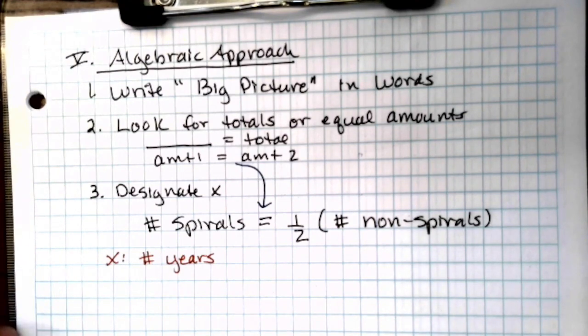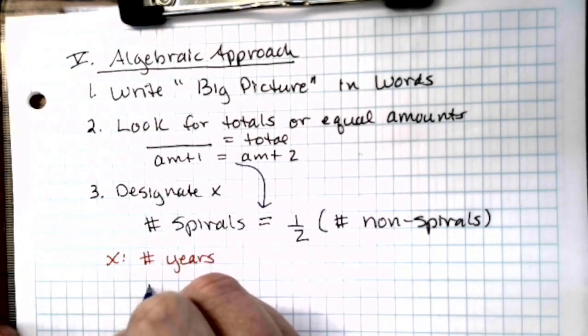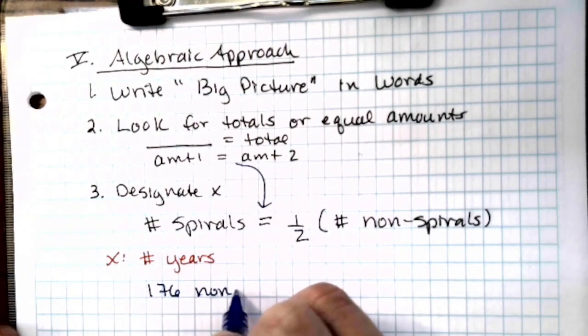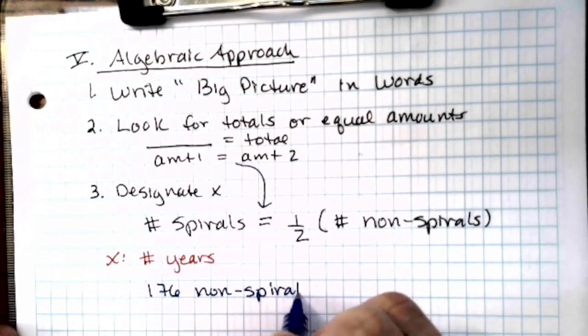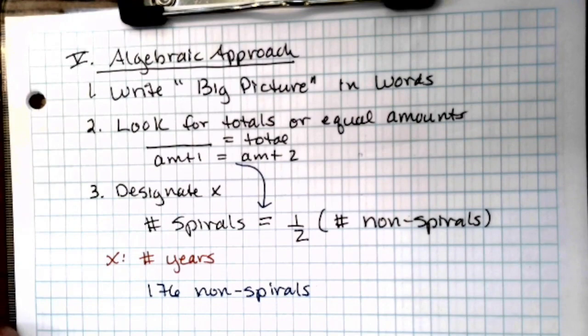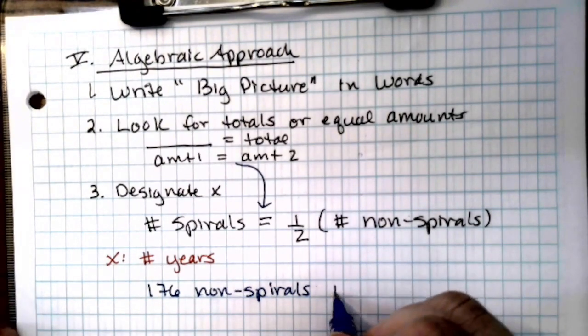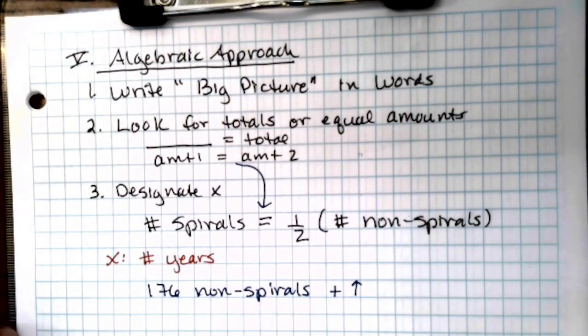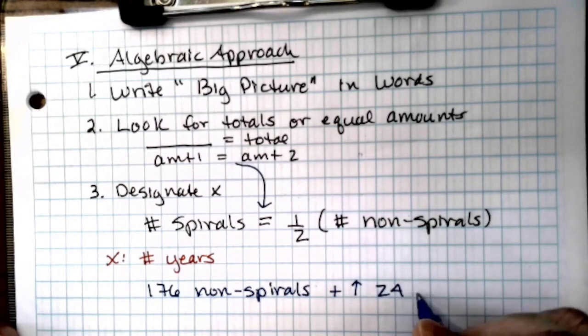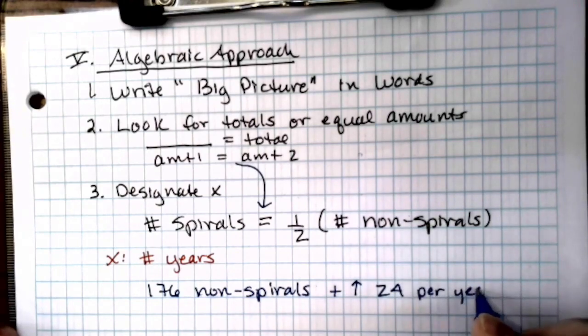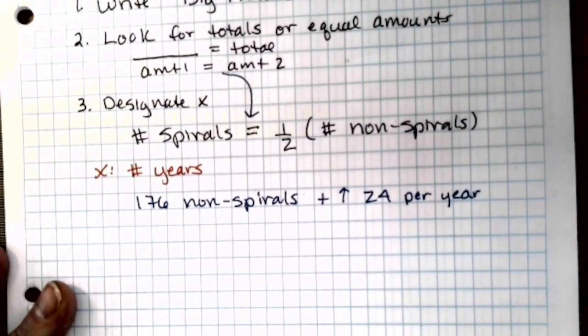And then what are the other numbers that we can group? Okay, so the non-spiral notebooks start at 176. This is your non-spirals. And it is increasing, so we're going to add, because it's going up, it's increasing by 24 per year.